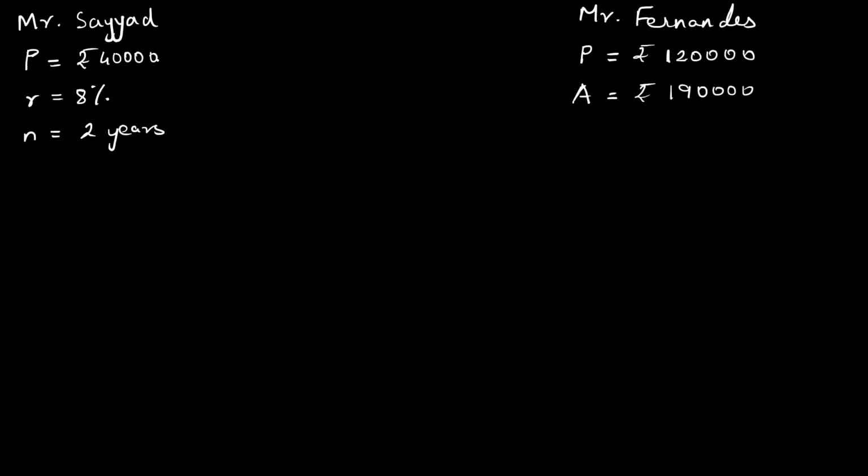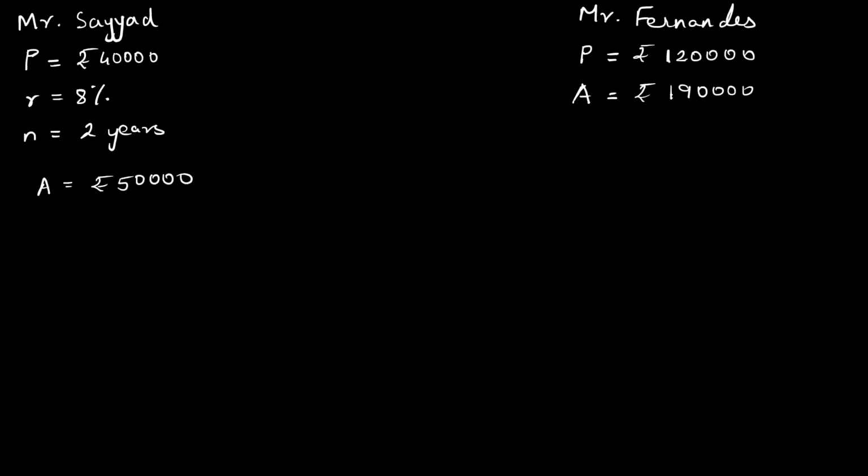Okay. Now let us say you calculate the amount here also, and you get, for example, 50,000. That means Mr. Sayed put 40,000 and he got back rupees 50,000. Mr. Fernandez put rupees 1,20,000 and he got back 1,92,000.